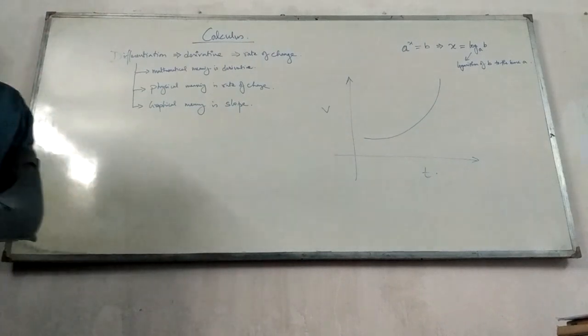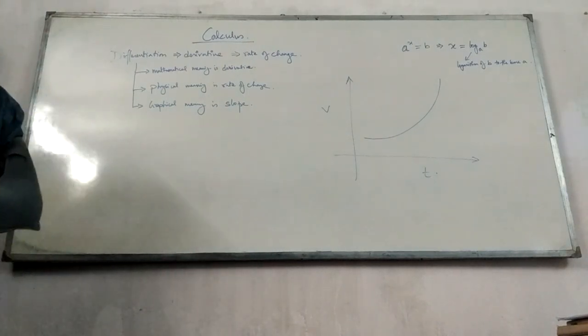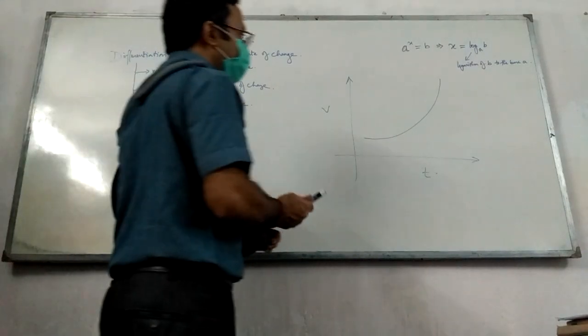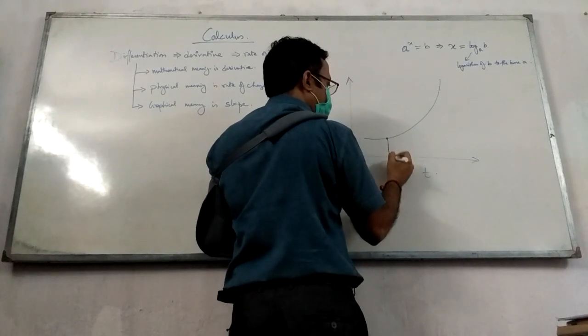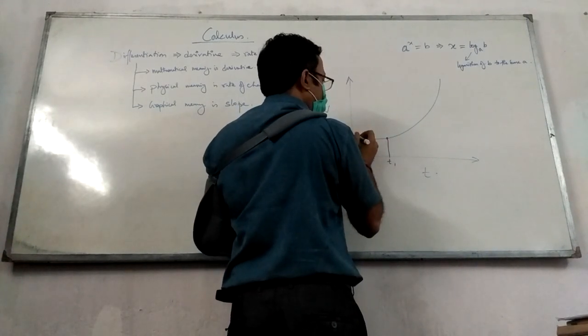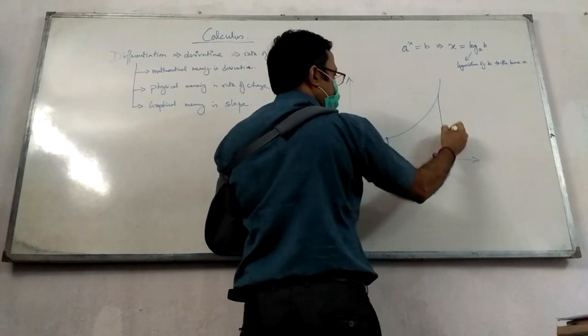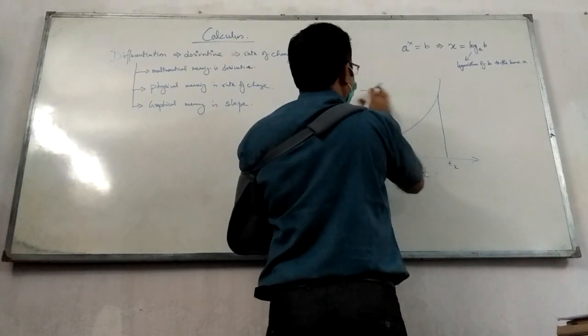Everyone knows this, right? Now, there are 2 points: this is P1 where the velocity was V1, and this is P2 where the velocity is V2.